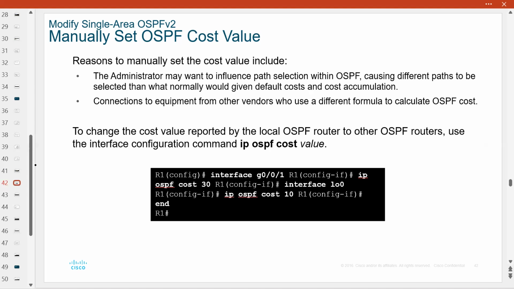Therefore, the administrator might need to manipulate those costs differently to accommodate OSPF costs calculated by other vendors. Basically, those are two reasons why we need to change the OSPF cost manually. And how do we change it? We go to the interface where we want to change and we input the value that we want.